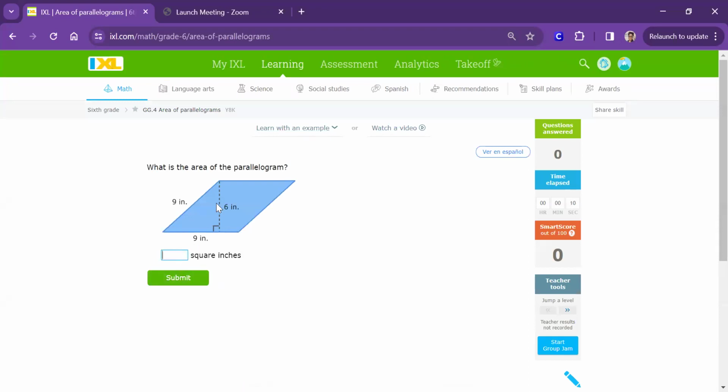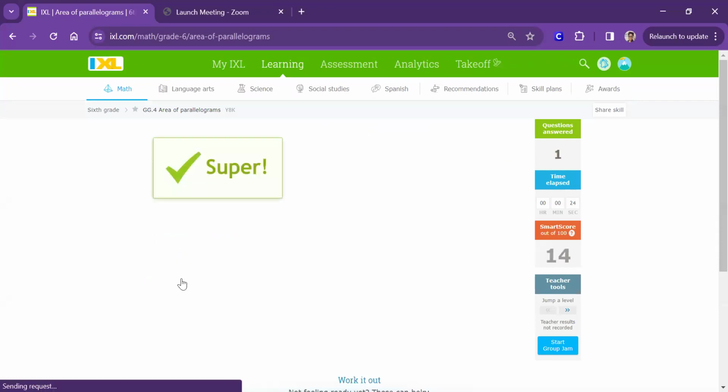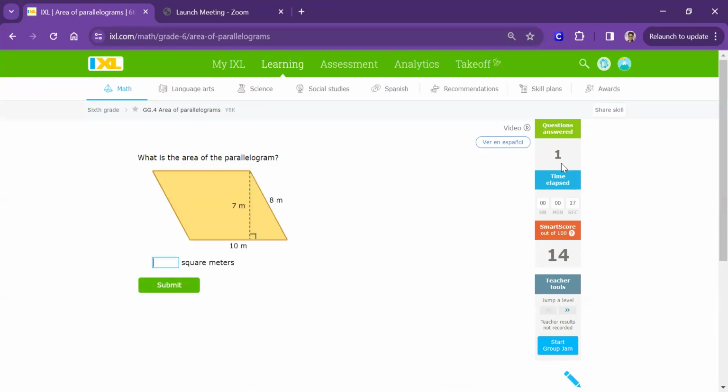But the formula for the area of a parallelogram is simply the base times the height. We never do the trick slant height. We just do the base times the height. And so this is 9 times 6, which would be 54 square inches. There you go. Again, it shows how many questions you answered. We also have videos in Spanish, and it shows your score out of 100.